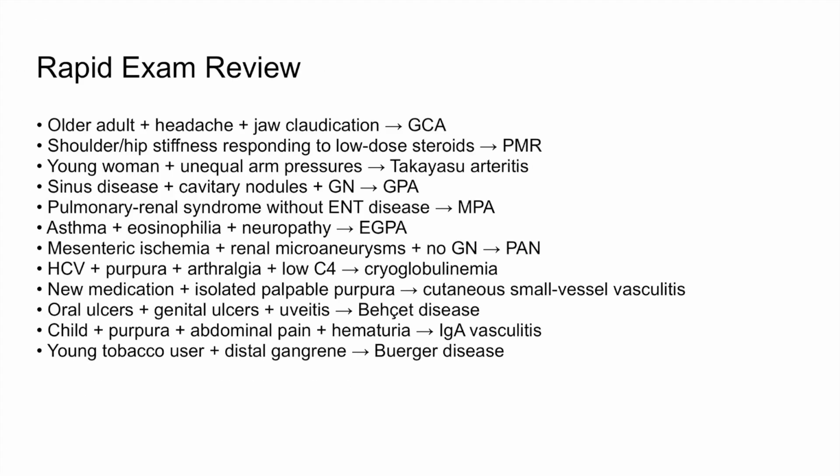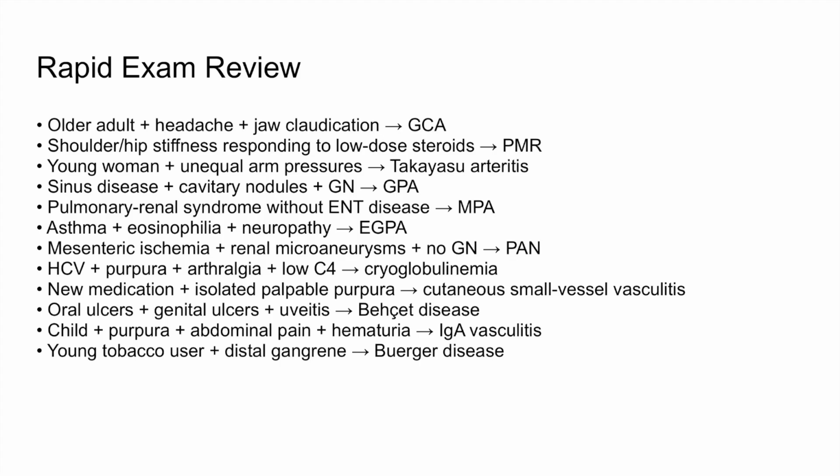It's time for that rapid exam review. So for rapid recall, connect each vasculitis to its most distinctive presentation. An older adult with a headache and jaw claudication has giant cell arteritis, while shoulder and hip stiffness that rapidly improves with low-dose steroids suggests polymyalgia rheumatica. A young woman with unequal arm pressure suggests Takayasu arteritis.